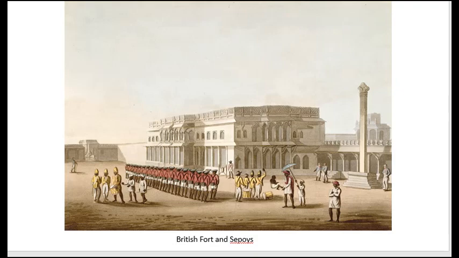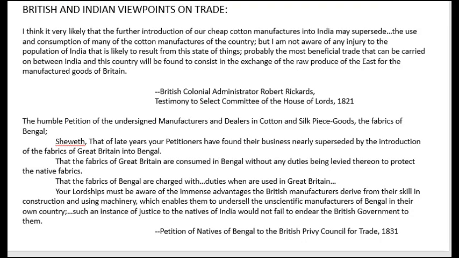In other words, the British created conditions by colonial force in which they would have the advantage to sell manufactured goods, and Indians would have the advantage of producing raw materials. This was not a natural advantage. It had nothing to do with Indian climate or agriculture or anything like that. It was imposed by British colonial rule.